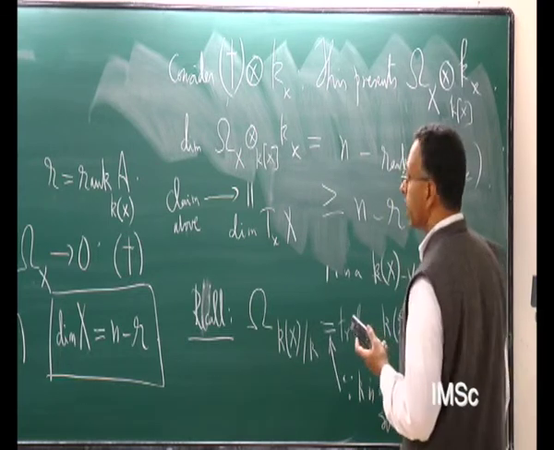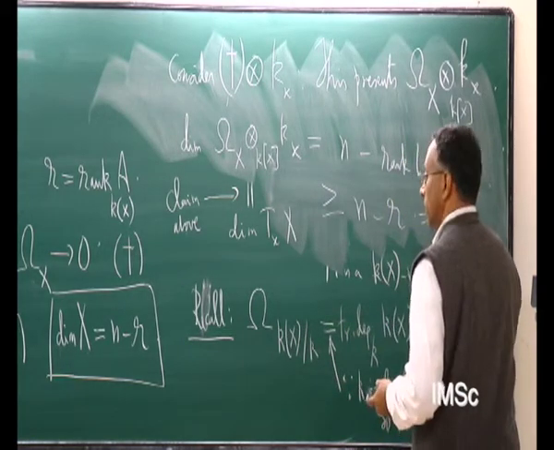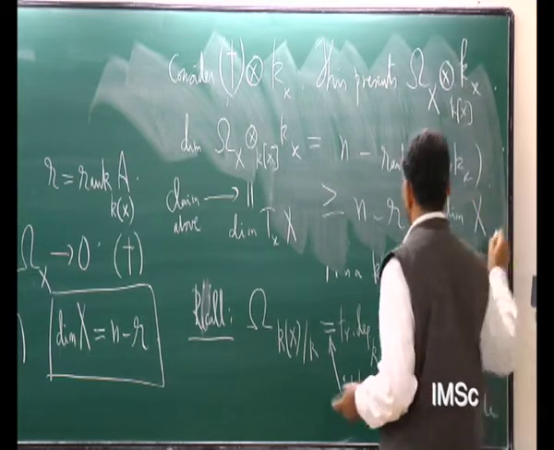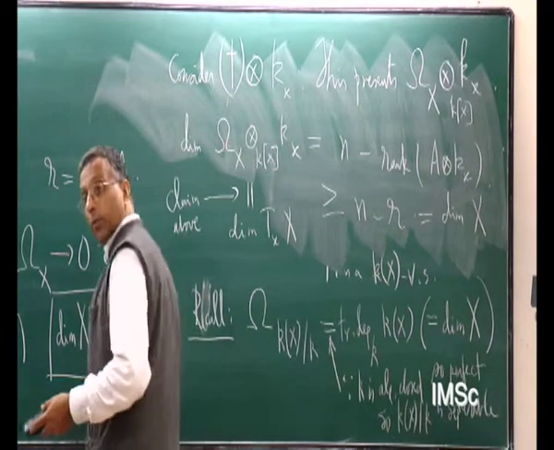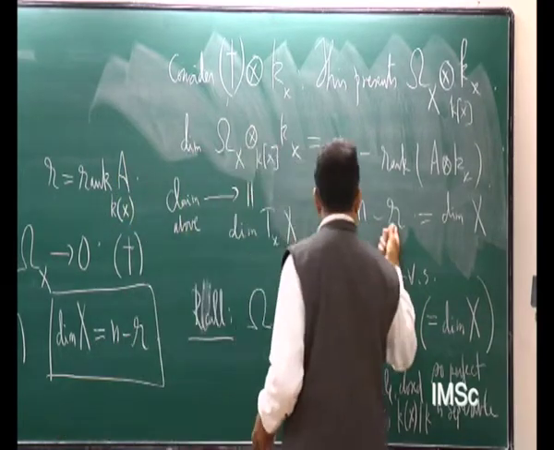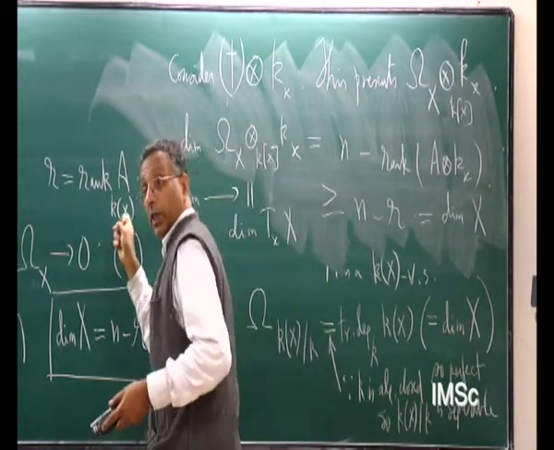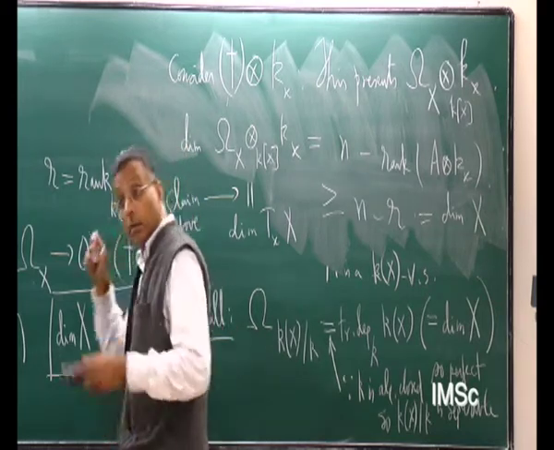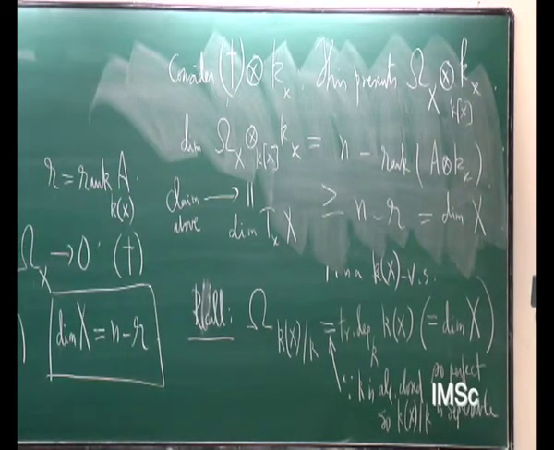What did we want to say? This was the dimension of X by what we proved. This R stands for the rank of this matrix with respect to this quotient. Is this clear now?